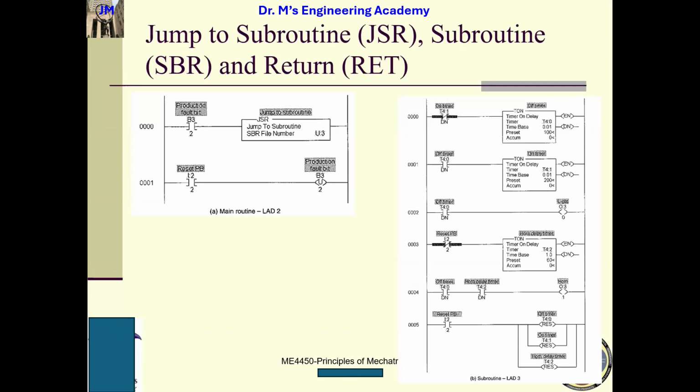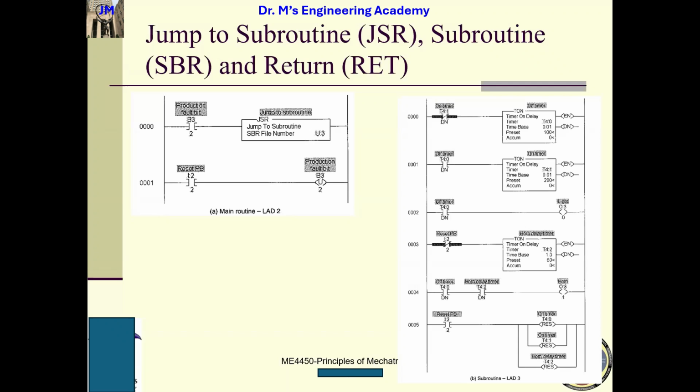Here the subroutine is a separate ladder diagram. You can see if this condition is met, T1 is triggered, so this is the first timer, second timer, and third timer. And we have this full output, and here we have a reset, and if we press this button, we can reset.